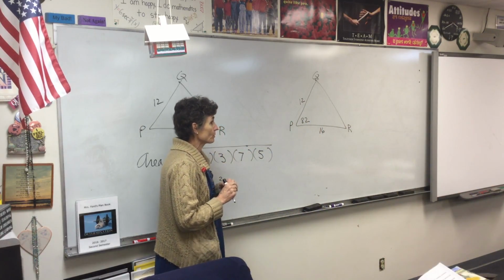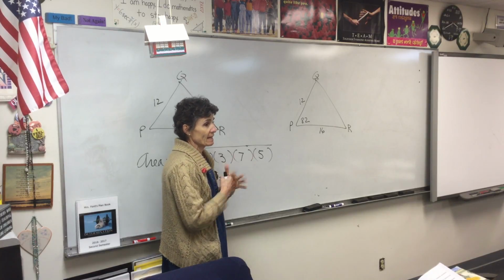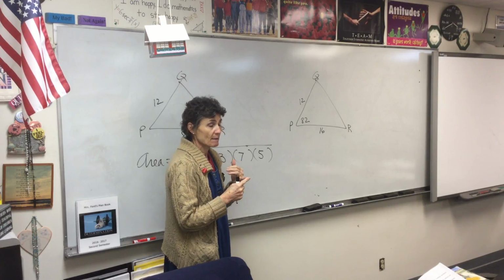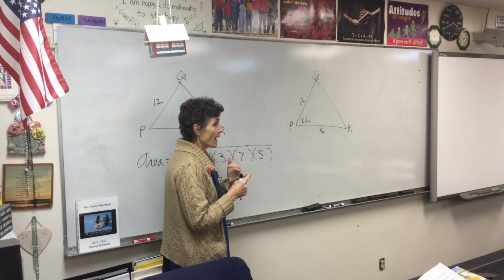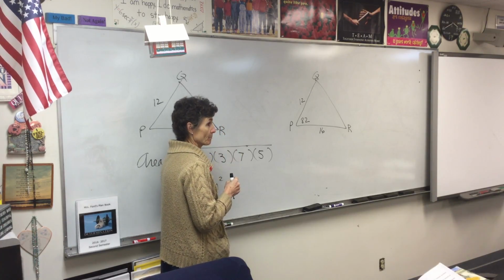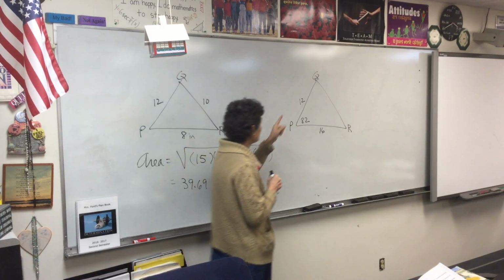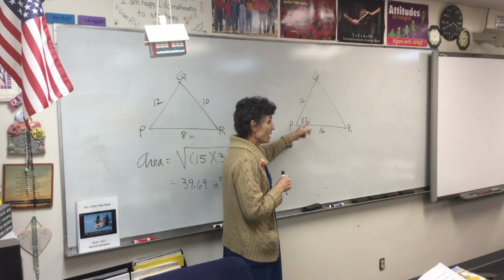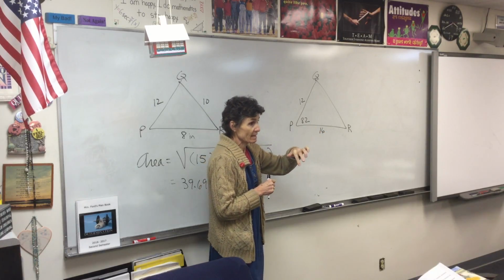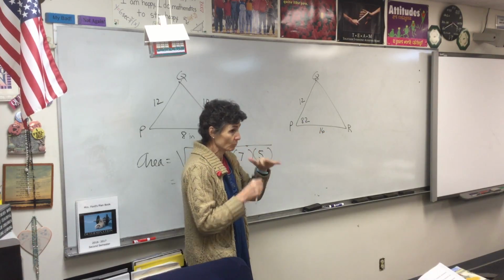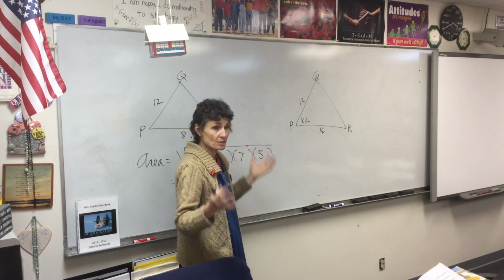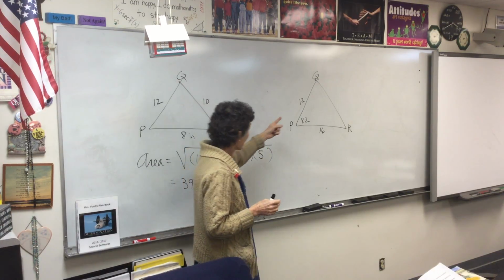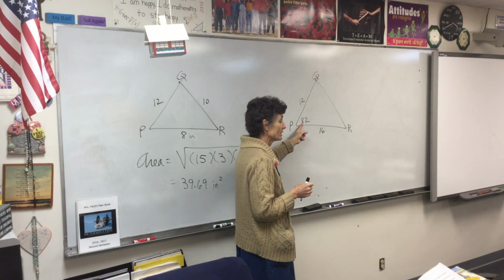If I'm going to find area, I either need an altitude, that is a perpendicular, I need all three sides, or I need two sides and the included angle. That's what I need to find area. If I don't have one of those things, then I need to do some work, like law of sines or something, to get it. But I have two sides and the included angle.